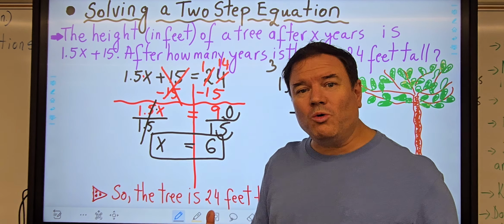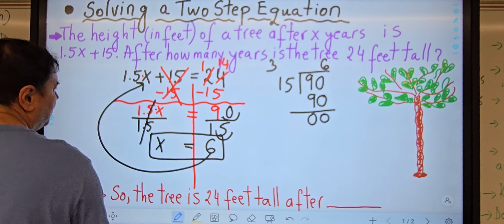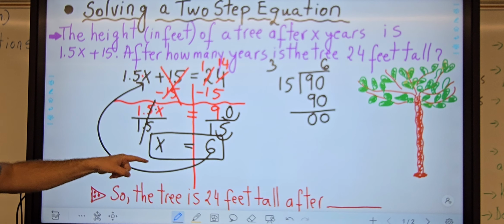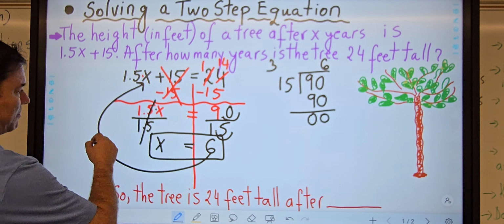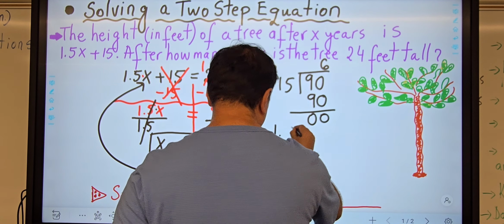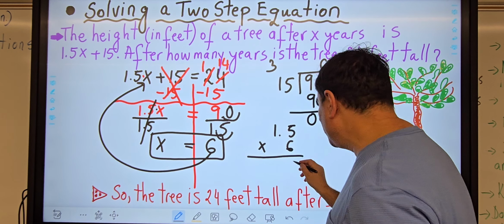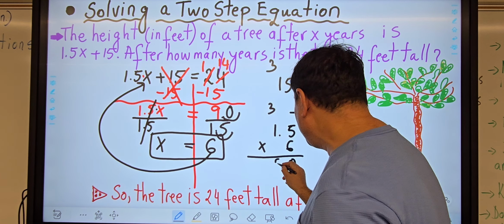Now, let's check our work. If you plug in 6 for x, you multiply 1.5 times 6. Let's do that here. 6 times 5 is 30, 0, carry the 3. 6 times 1 is 6, plus 3 is 9.